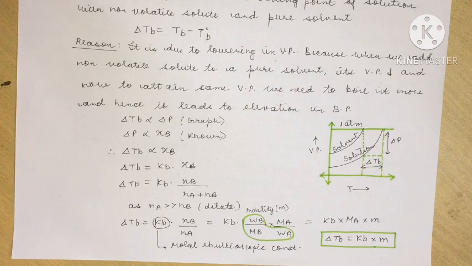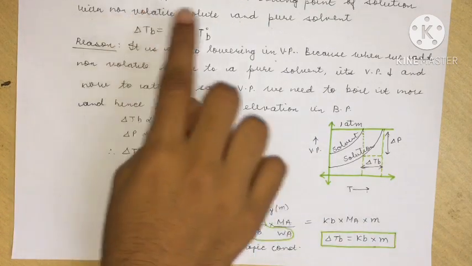That's why it will produce less vapors, and hence at 100 degrees Celsius, suppose we take water, when it was easily evaporating, now because some part of the surface has been occupied by non-volatile solute, it will not be evaporating enough, only half of the surface will be available. Now to attain that much evaporation we have to heat it more, means we have to heat at greater than 100 degrees Celsius. So what we are doing, we are elevating the boiling point.